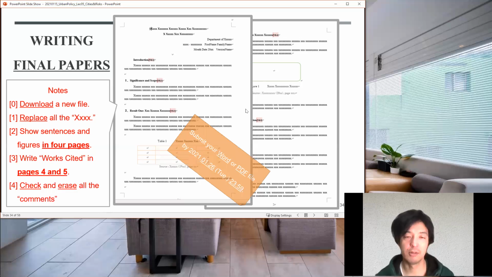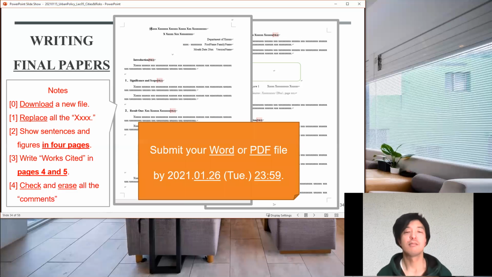All right. Deadline. Submit your Word file or PDF file by 2021 January 26th, Tuesday, midnight. This will be the last task, or last assignment, of this course, and this assignment has a lot of allotted points.